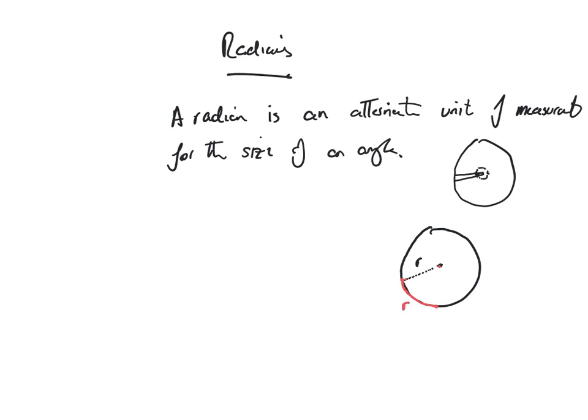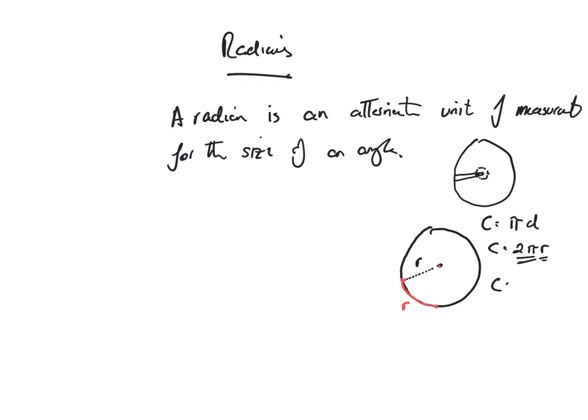Next, what's the circumference of the circle? The circumference of the circle is pi times the diameter, and another way of writing that is 2 pi R. That means the circumference of the circle is 2 pi lots of the radius. Now what's 2 pi?